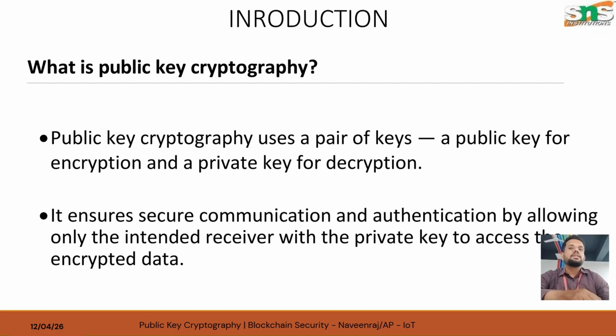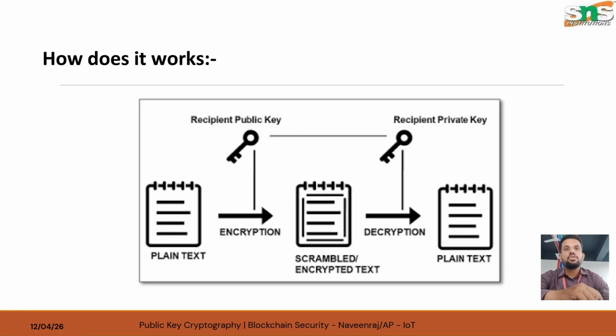Next we move to the key generation process, which is very important. Before communication, the keys are generated. The first step is to select the mathematical parameters. The second step is to generate the private key, that is, a random number.